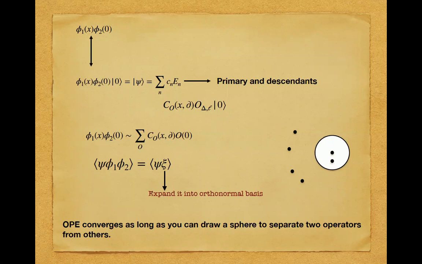In the Hilbert space, if you break it into an orthonormal basis, then this inner product will always converge. So therefore, the OPE converges as long as you can draw a sphere to separate two operators from all others. Okay, so if you can do that, the OPE always converges. Okay, so is there any question at this point?